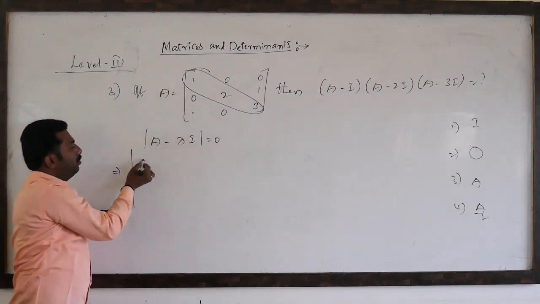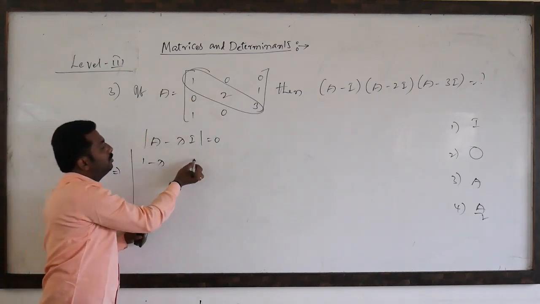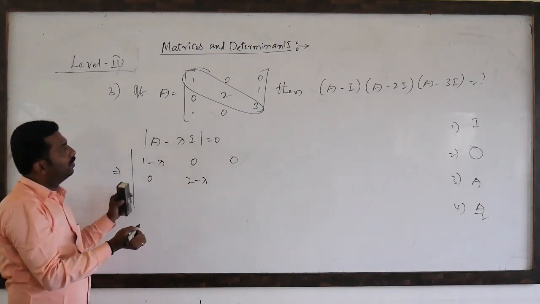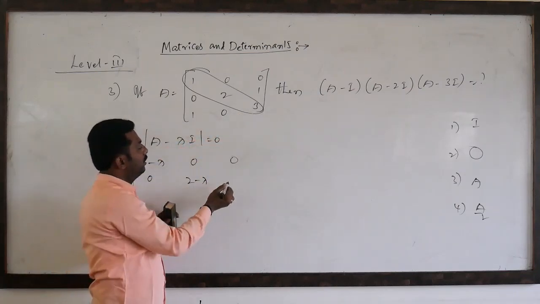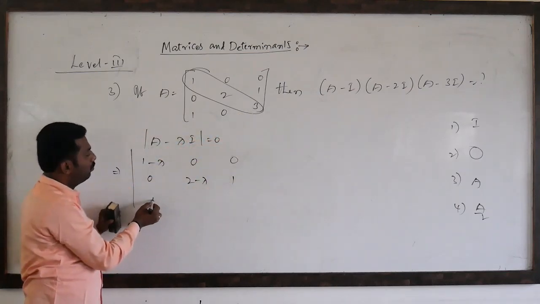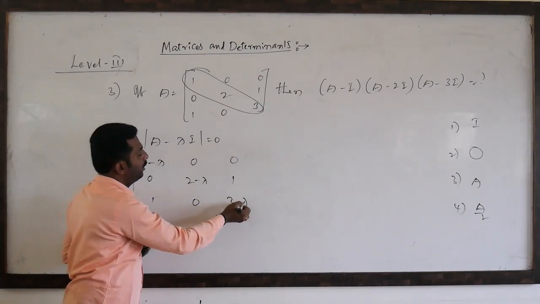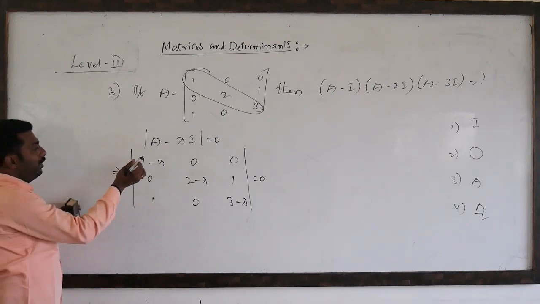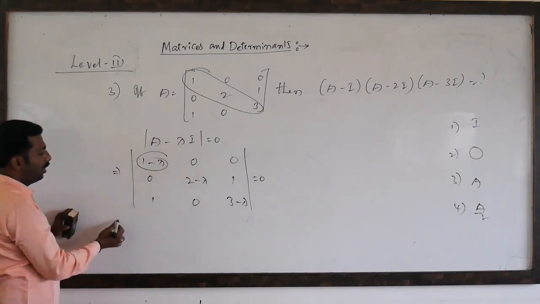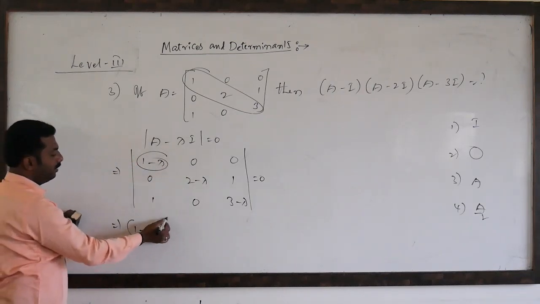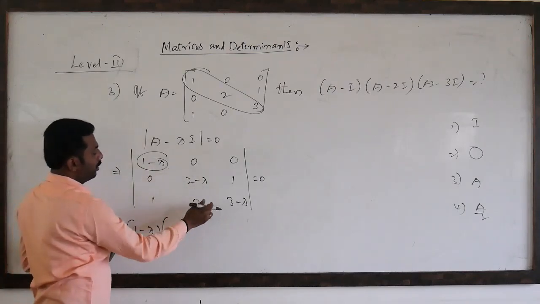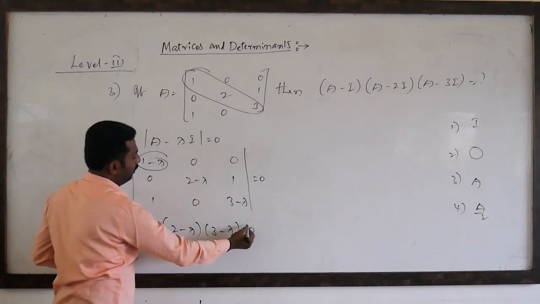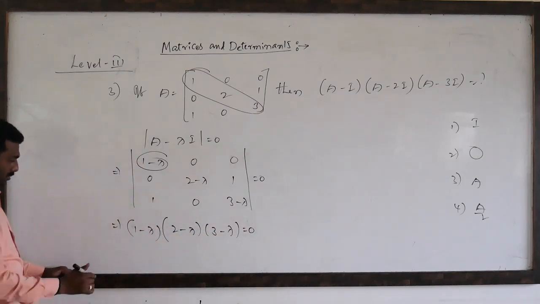Here 1 is there, 1 minus lambda, 0, 0, 0, 2 minus lambda, 1, 0, 3 minus lambda equal to 0. So if we expand along the first row, 1 minus lambda into, you close this column, product of these two, 2 minus lambda, 3 minus lambda equal to 0.